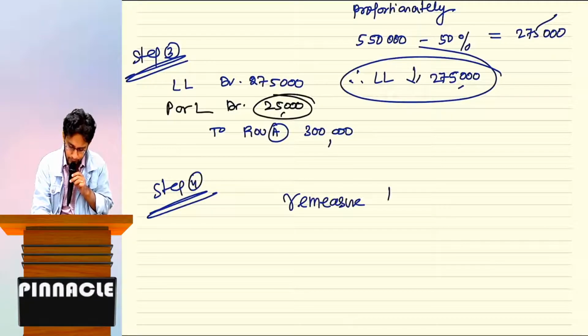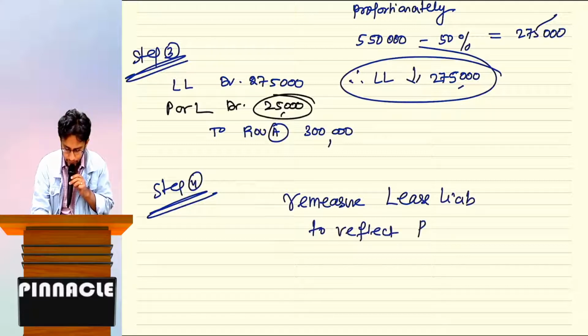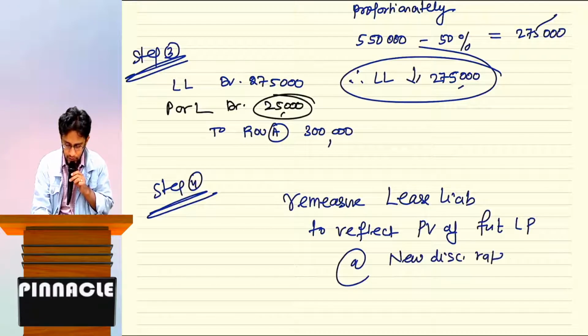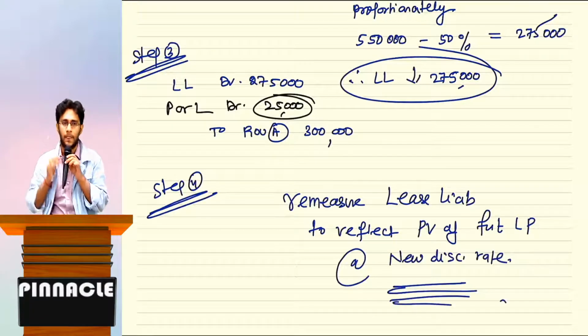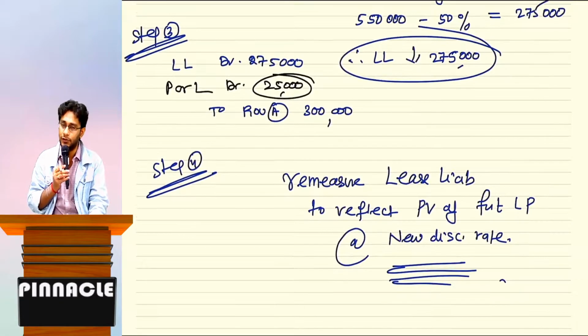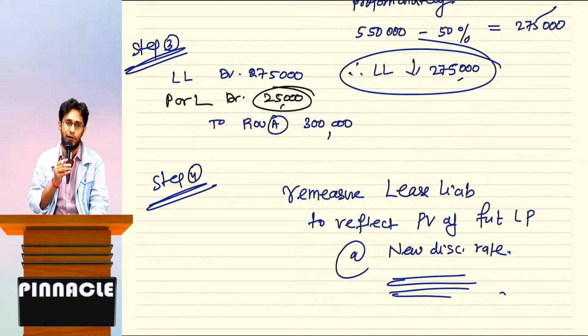Remeasure lease liability to reflect PV of future lease payments at new discounting rate. So, sir, already we remeasured, no? What you did, you removed some portion of your liability.